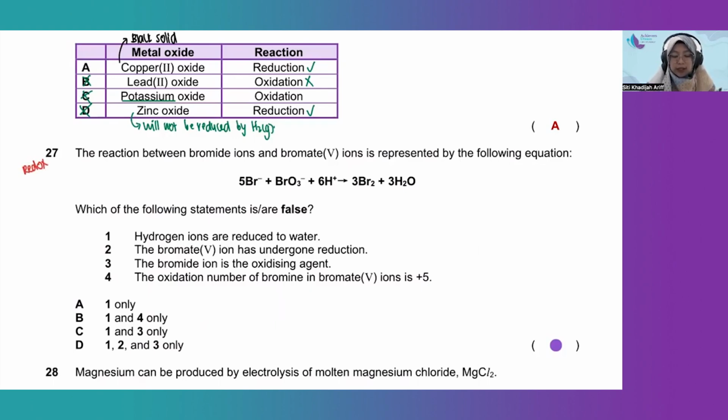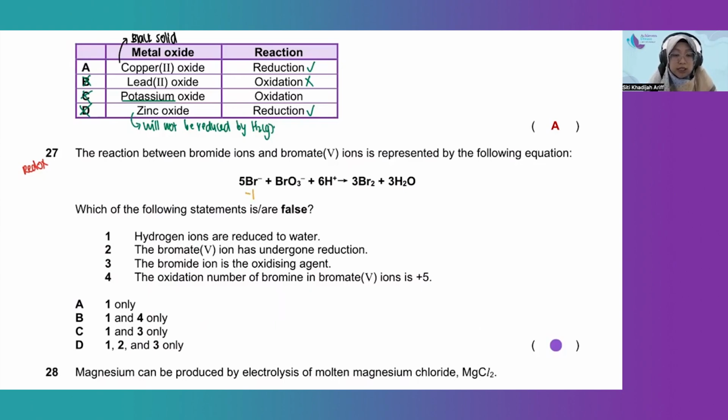You will need to calculate the oxidation state of the elements in the equation. Let's start with the oxidation state of bromine first in both reactants and products. We deal with the bromide ion with a formula of Br minus. The charge of the ion is 1 minus, so the oxidation state follows the charge of this monatomic ion, so it is minus 1.